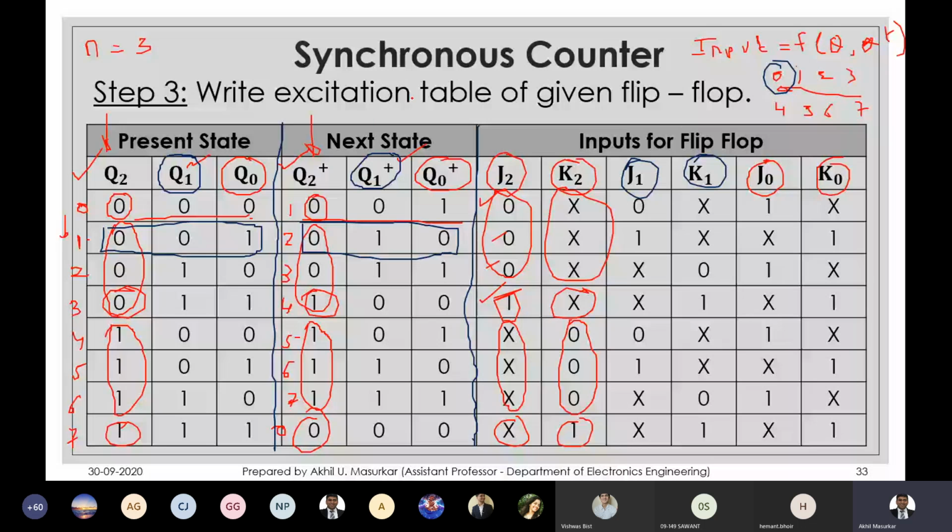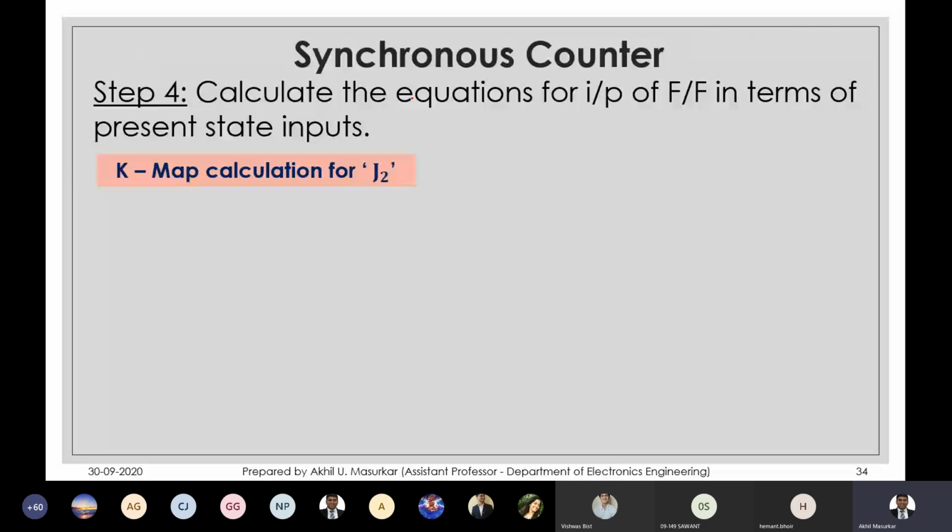Step number 4. Calculate the equation for the inputs of the flip-flops in terms of the present states. There were 3 flip-flops, so we have to find J2, K2, then J1, K1, then J0, K0, in terms of Q2, Q1 and Q0. Now first is the calculation of the K-map for J2.